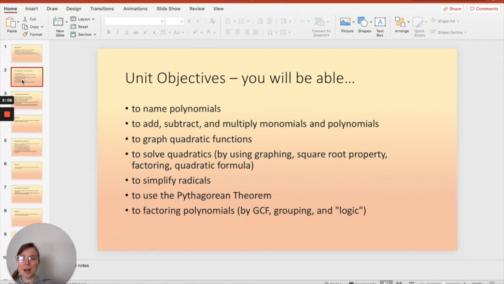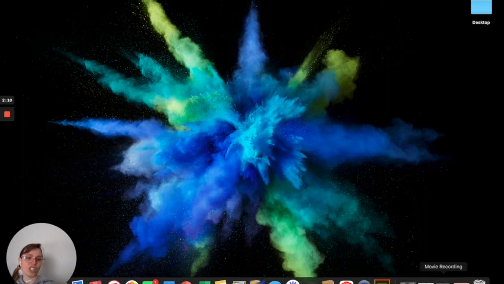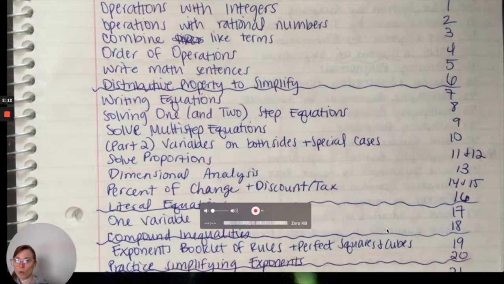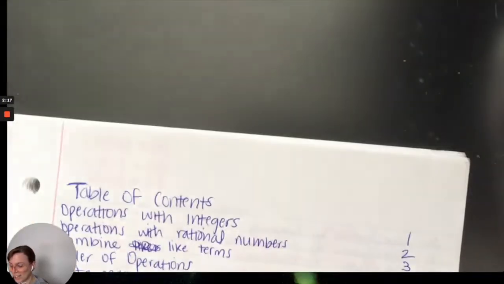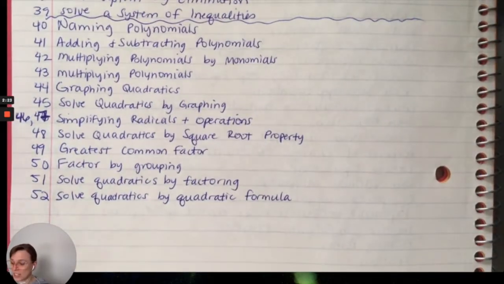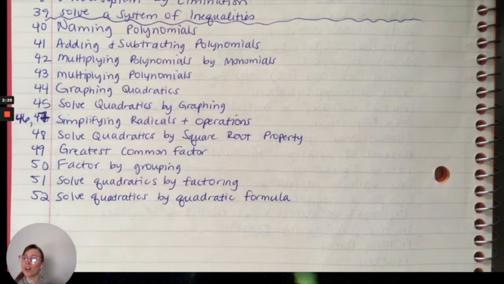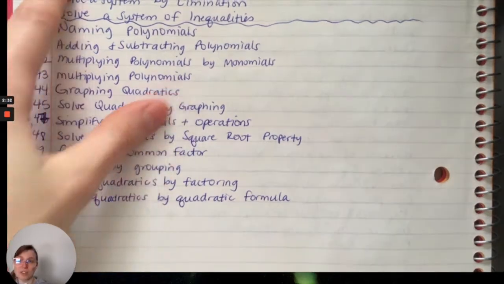Pretty basic, but because we are in a new unit, let me get our stuff up. We are in a new unit, so our table of contents, I filled up this whole first page, all right? I don't know about you in your notebook, but Systems has already moved us onto the back, and this is our whole unit. So it's a huge ton of videos just for this one unit, but you're also learning way more stuff than you did with just solving systems.